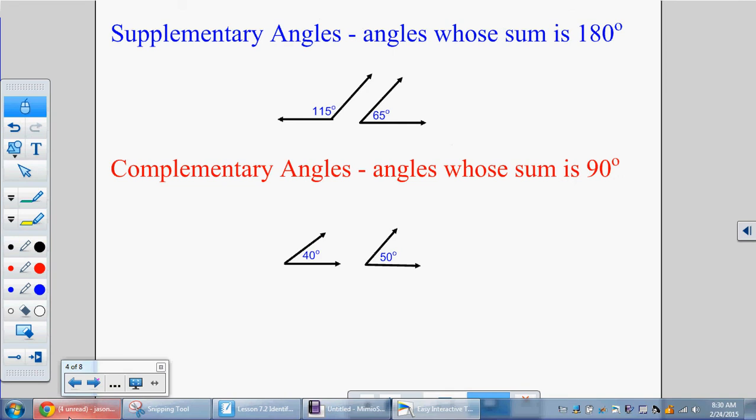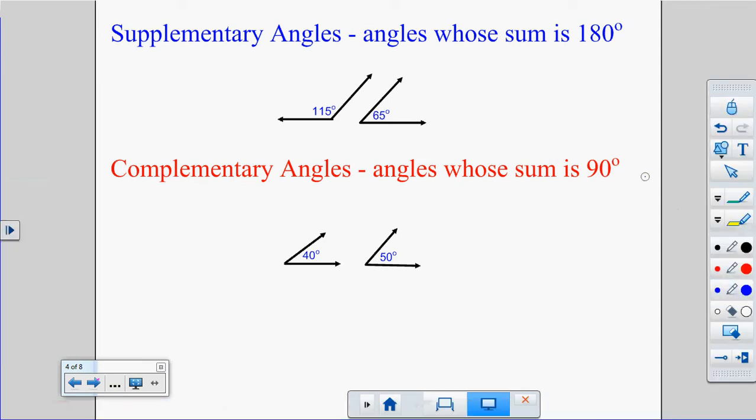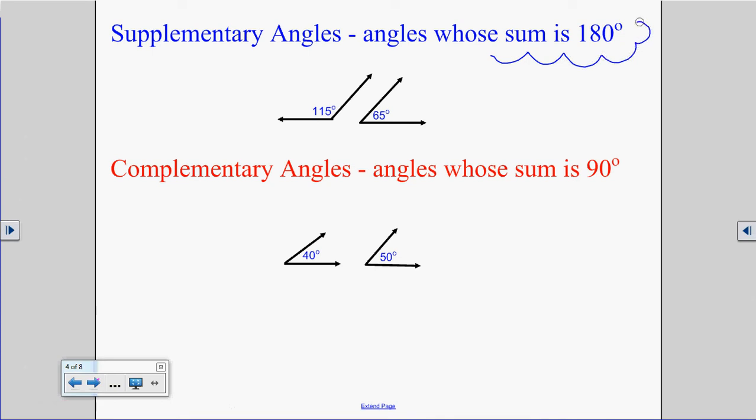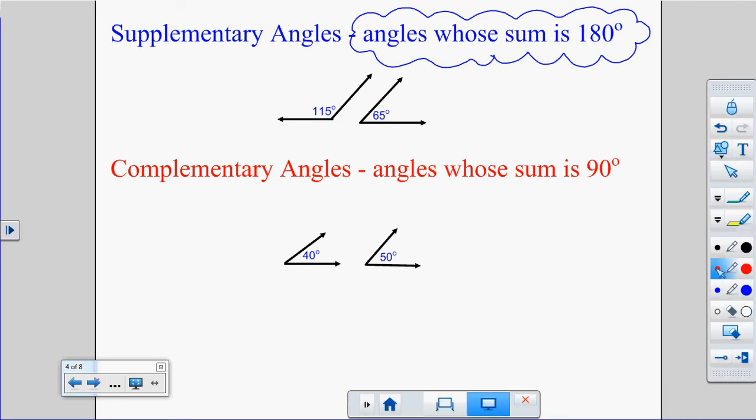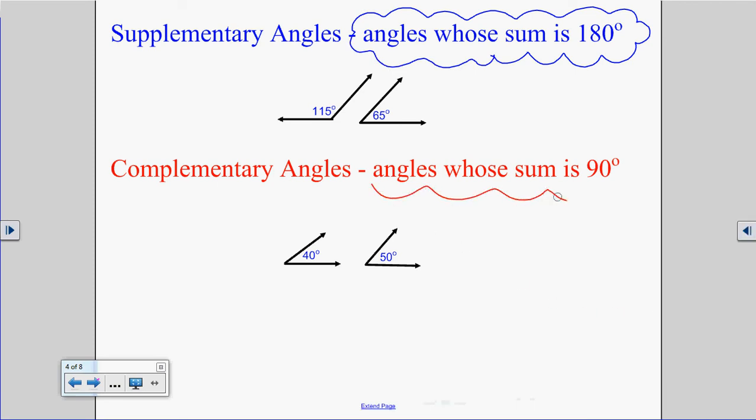Next, we have supplementary and complementary. So, supplementary angles add up to 180 degrees. Their sum is 180 degrees. So make sure you write that down. And complementary are angles whose sum is 90 degrees.